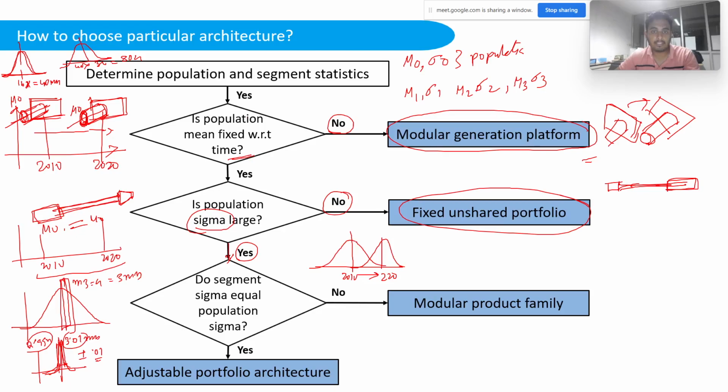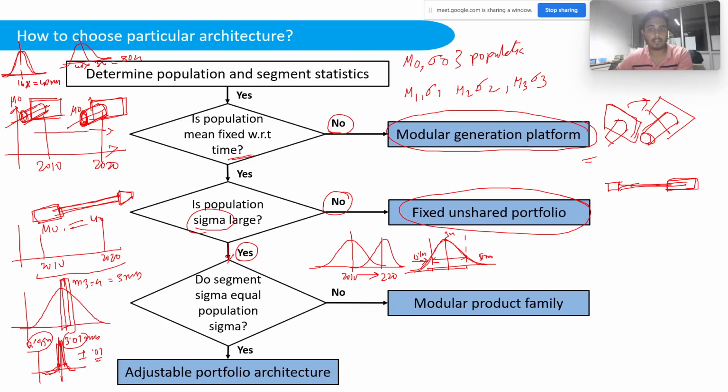Second, you check whether the new population mean has a lot of variance. For example, with screwdrivers, you can imagine something 3 mm and then 0.1 mm, then 5 mm and 0.1 mm. That does not make sense for a product like a screwdriver. That's why we go for a fixed unshared portfolio.